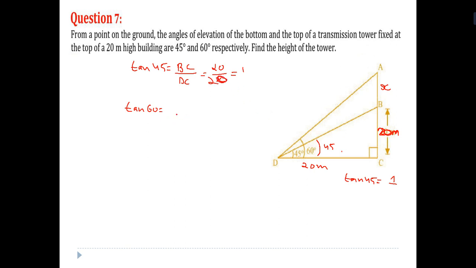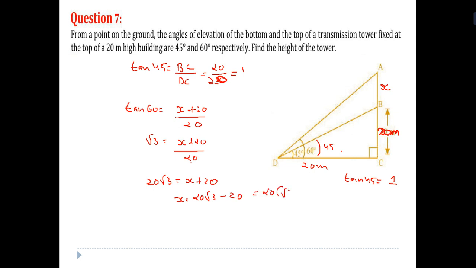Now tan 60 means x plus 20 upon 20. Tan 60 means root 3. Root 3 is equal to x plus 20 by 20. So 20 root 3 is equal to x plus 20. So x is equal to 20 root 3 minus 20. If I take 20 common, then 20 into root 3 minus 1.